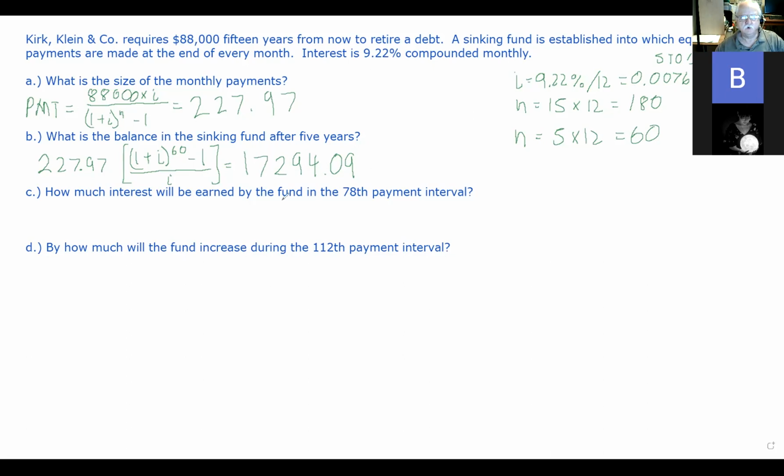And then we'll find out how much interest they paid in the 78th interval based on that.